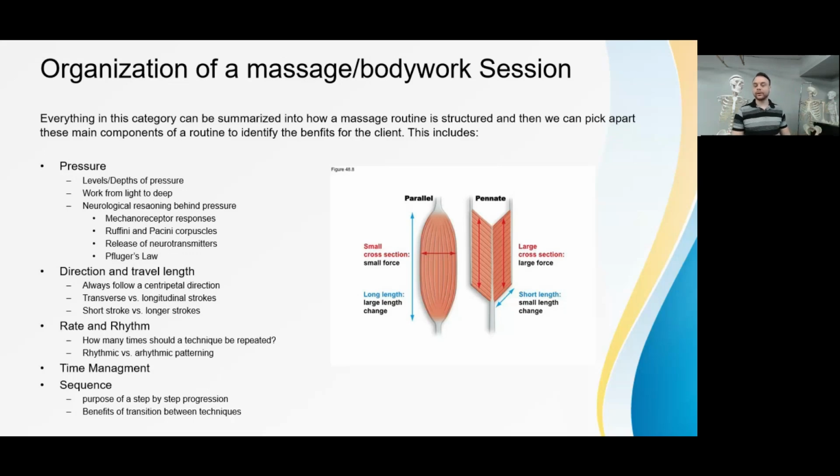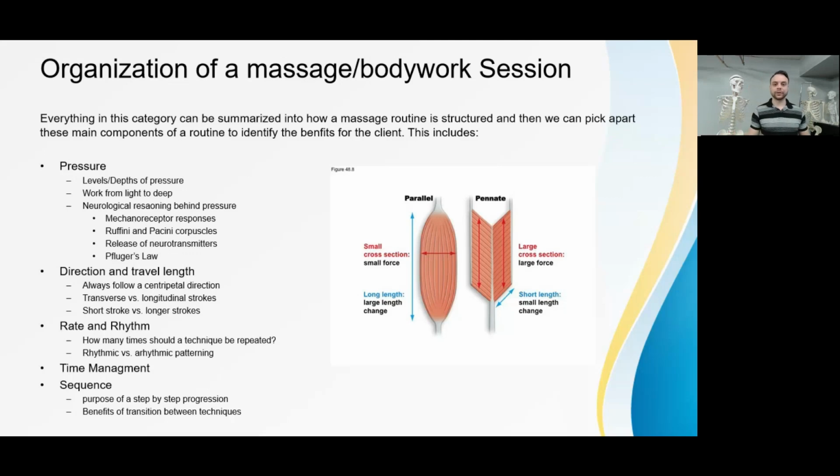The other side of that coin would be, did we achieve what we needed out of that technique? So maybe off of 10 strokes, it didn't quite work. Maybe we'll try a couple of 5 more. There definitely would be a cutoff because we don't want to overwork a muscle, but you can give it the good old college try and see if that technique did in fact produce the results we wanted.